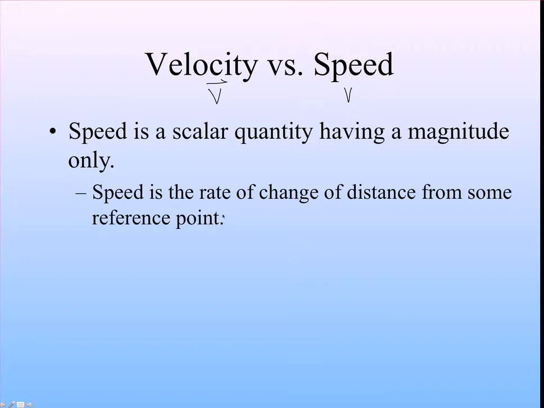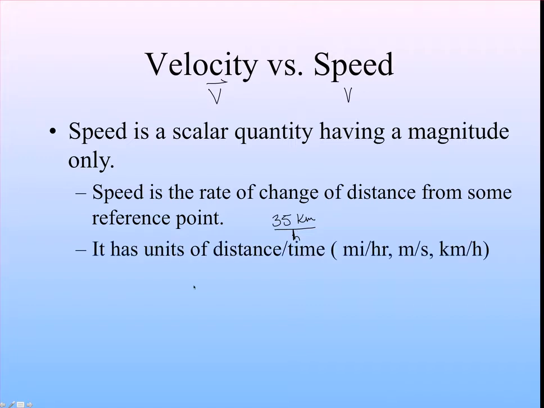And so when you say you have a speed of 35 kilometers per hour, that means that for every 1 hour of travel, your distance changes away from your starting point by 35 kilometers. It has units of distance over time. Again, the distance you travel per unit time.